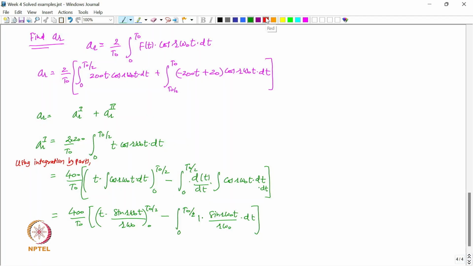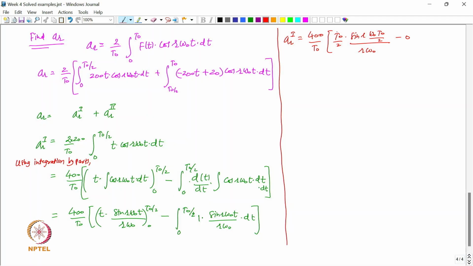Then after this, now we can further go ahead like this. Now we get 400 by t naught, and then I can apply the limits for this. So I get t naught by 2 sin r omega naught t naught by 2 divided by r omega naught, and then minus 0.